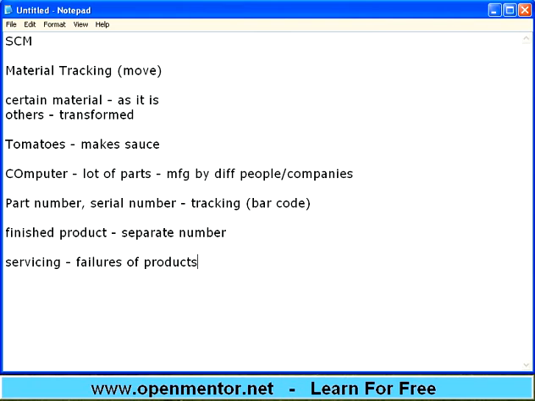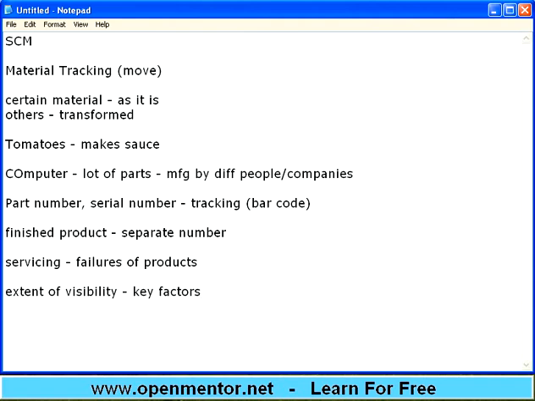So this is called material tracking, and the extent of visibility is one of the key factors in tracking. How deep can I go and track? Can I track that the battery in a particular mobile phone is this one? Is it with which person? Is it in which country?